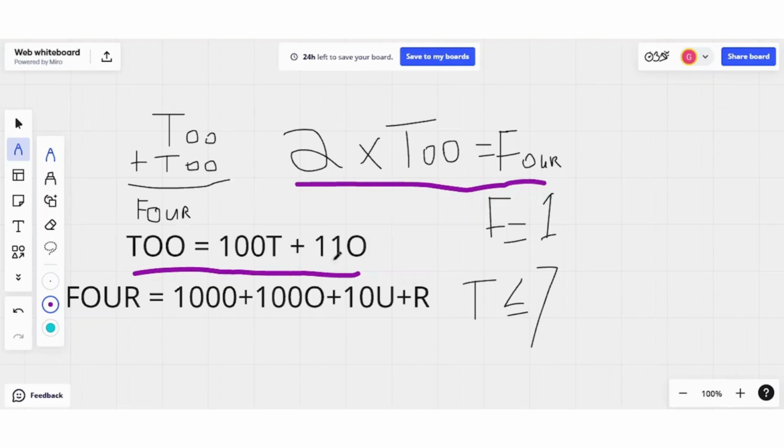And t, that is the value that we get here. And similarly, when we have t equals to 7, which is the maximum possible amount for the leading digit of 2, we also get the same value for 4 and 2. Then we assign values of o, and then we verify the remaining digits. And we basically get the final answer: t equals to 7, o equals to 8, f equals to 1, u equals to 7, and r equals to 6.